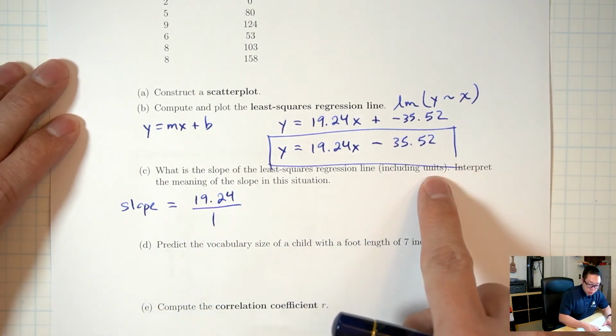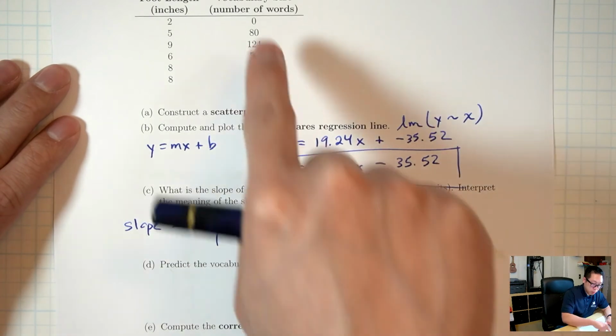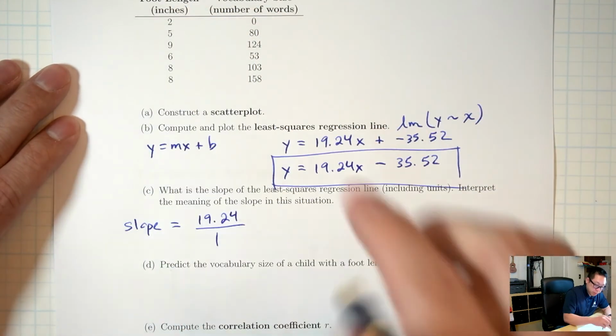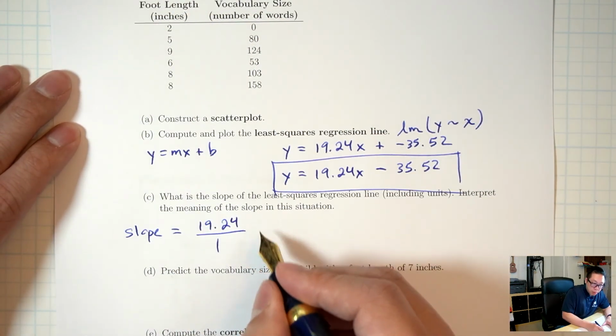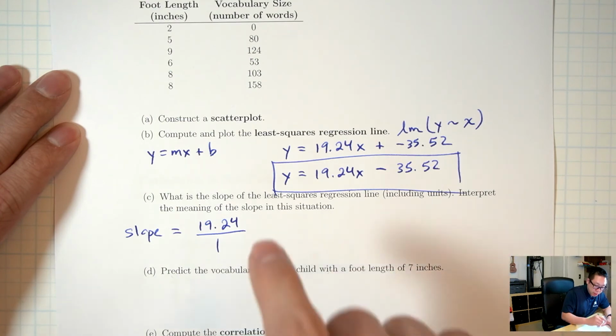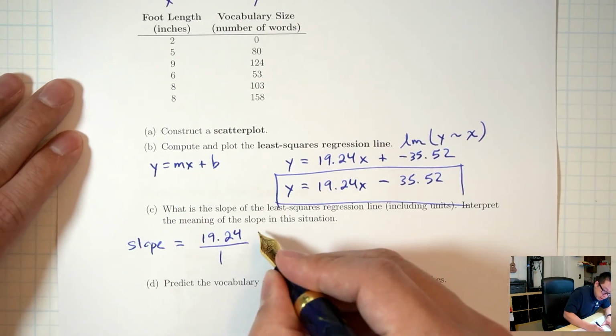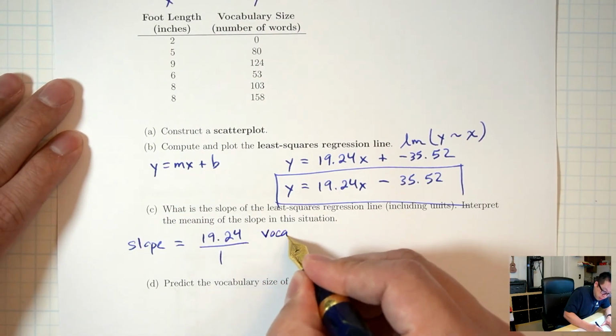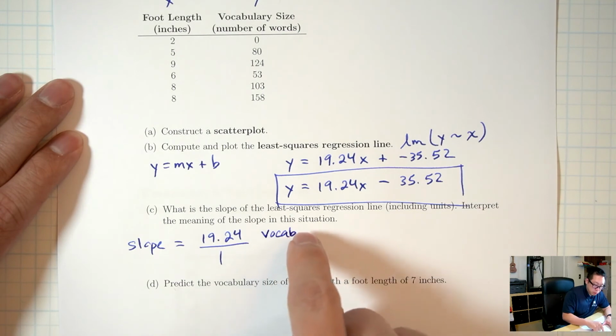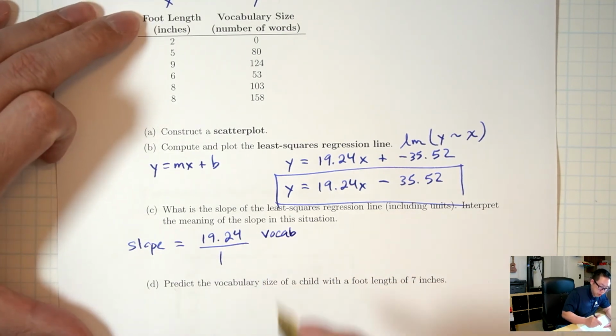I also want the units. Okay, our units here are either going to be vocabulary size or foot length. What goes on top and what goes on bottom? It's always going to be the y units over the x units. So our y units here are vocab size. I'm just going to call it vocab. So that's the y units over the x units, which is foot length.